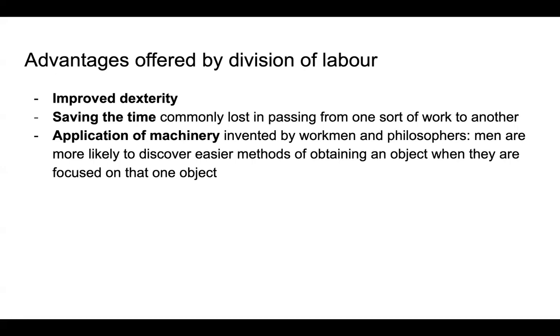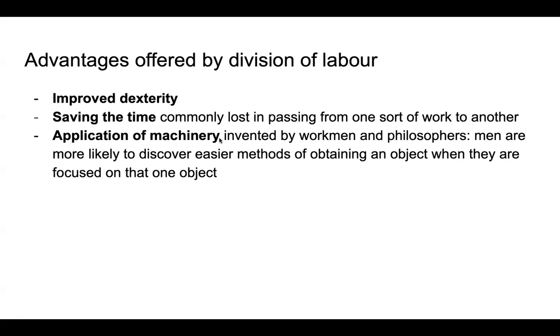Once you switch to a different task, your cache is no longer hot, right? And then things take time, and then you build up the cache. Okay, now things are faster, and then you switch to another thing. Boom, the cache is useless again, right? So that's one advantage offered by the division of labor. You don't need to context switch that much.